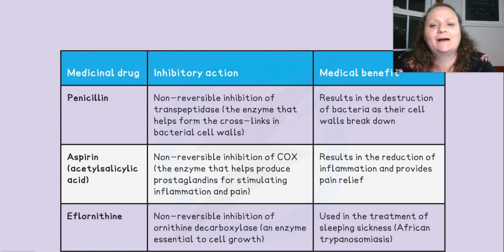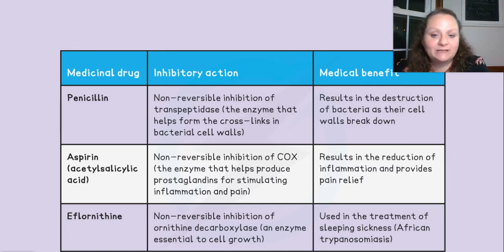Penicillin is basically a competitive inhibitor that is going to bind to some of the molecules that are found in bacterial cell walls. It's non-reversible. That means once it binds, it's there. And this actually is what's going to tear apart bacterial cell walls and kill the bacteria. That's why antibiotics work the way that they do. Aspirin, or acetylsalicylic acid as its other name, is also non-reversible.